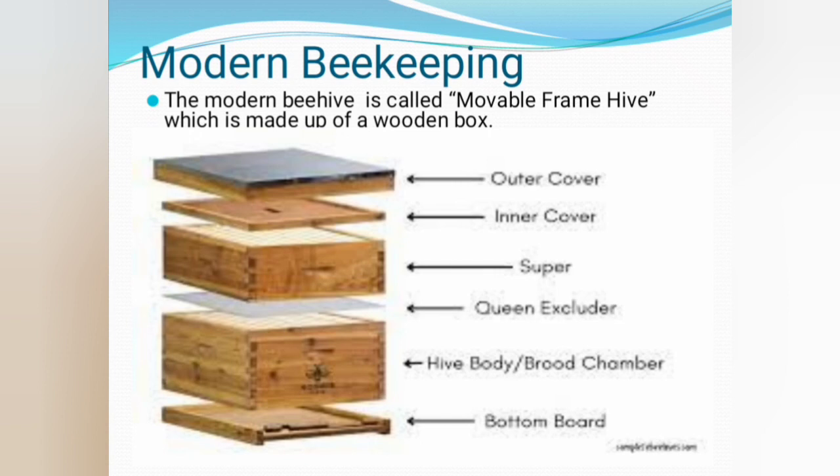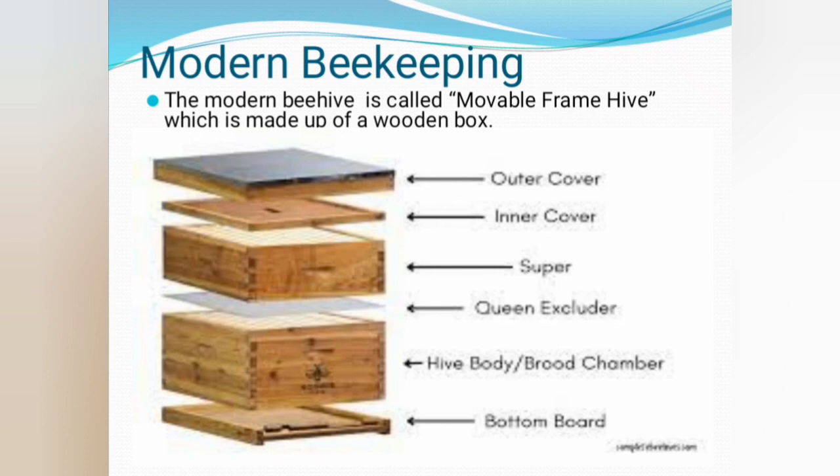Modern beekeeping. The modern beehive is called a movable frame hive, which is made up of a wooden box. The lower bottom wooden plate is known as the bottom board. It has a small extension on which the honeybees land.